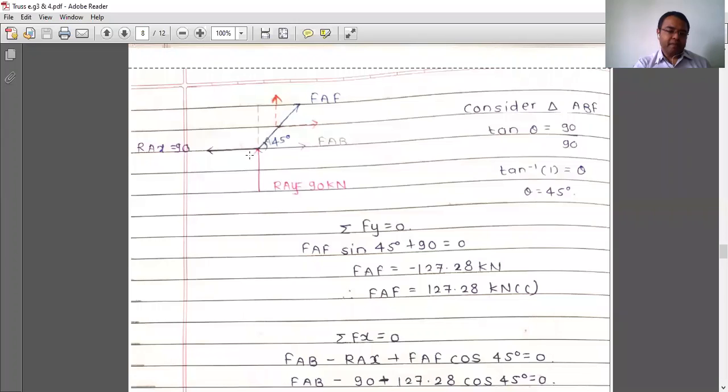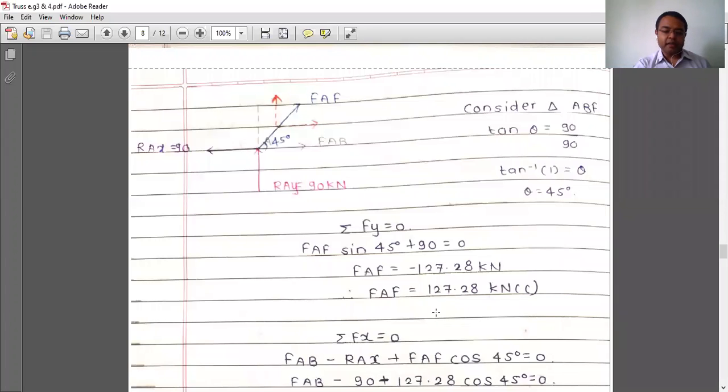because for this diagram we applied summation Fy equal to 0 and first of all we got a negative answer. Whatever answer you have got, you have to take that. Summation Fx equal to 0 is applied to this free body diagram, so put this minus 127.28 over here.